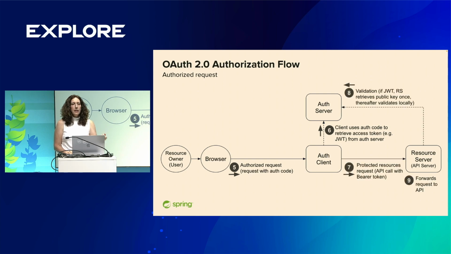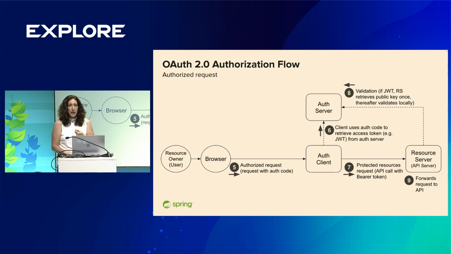And then the auth client can take that and go try to access the API. Of course, it has to go through that resource server library first, which grabs that token and says, okay, I got a token for you, but let me make sure that it's valid. So it goes to the auth server and says, I got this token. It verifies that it's meant for that resource, for that API, because these JWTs have an audience in them, and that audience has to match who it's for.